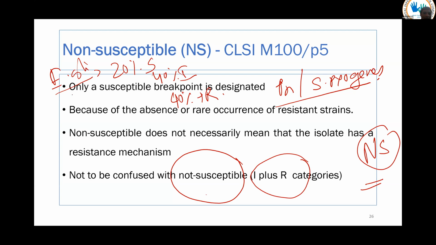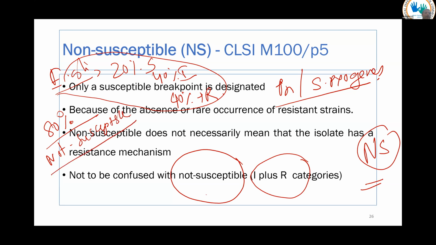That means 80% of my isolates are not susceptible isolates, I plus R. Non-susceptible means the breakpoint is not available; whereas not susceptible is used to denote the combined I plus R percentage.